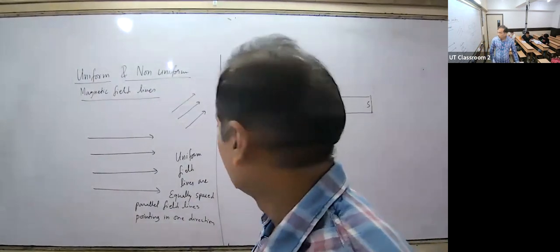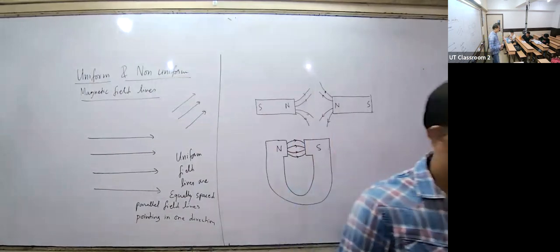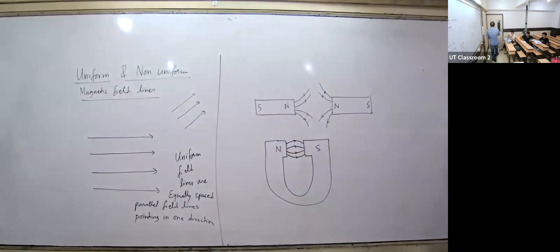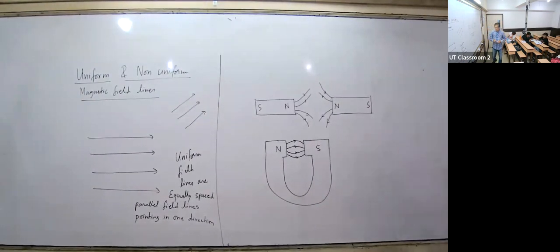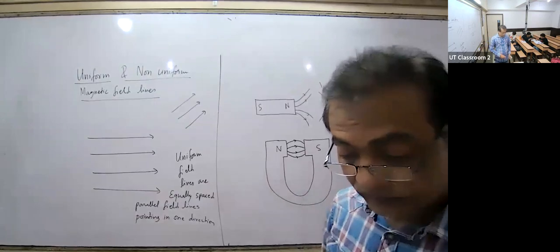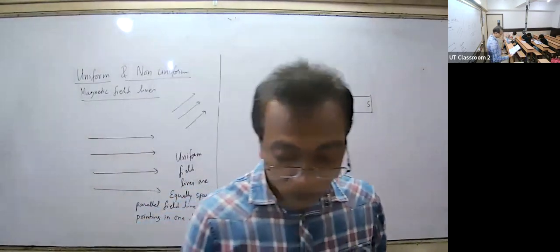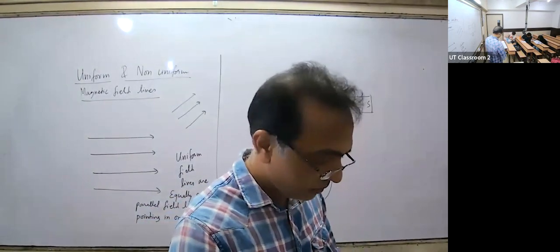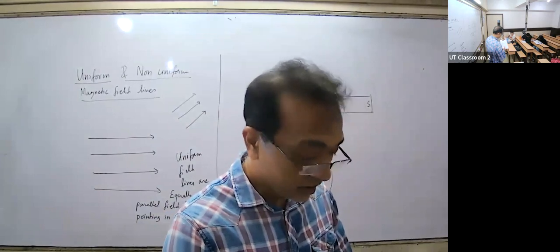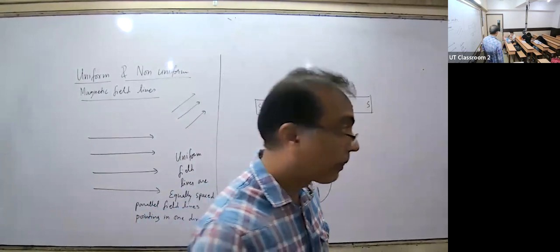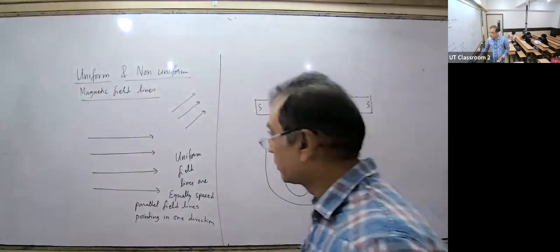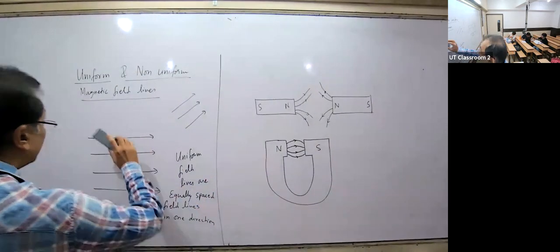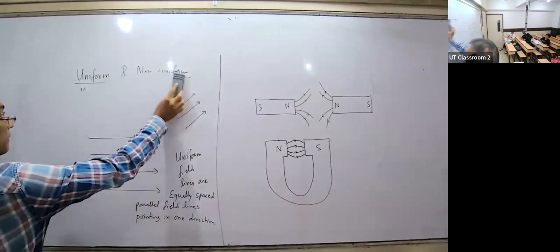Okay. The next concept is neutral points. First, we'll write it. Neutral points. What is a neutral point? It will fall under the combined effect of Earth's magnetic field and bar magnet. Can I erase the left side? Yes.